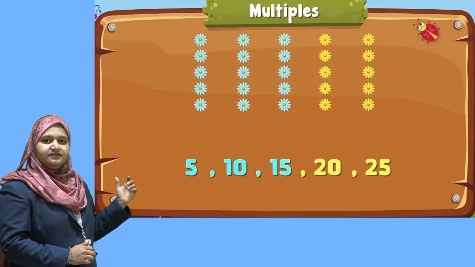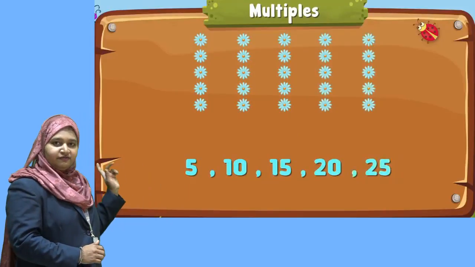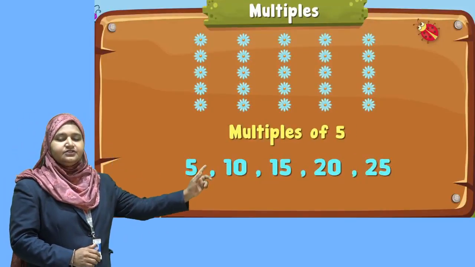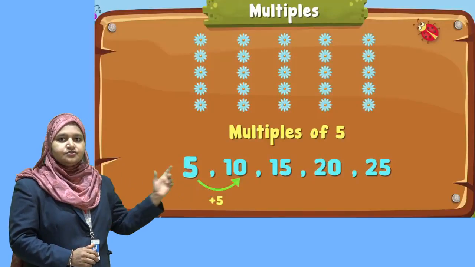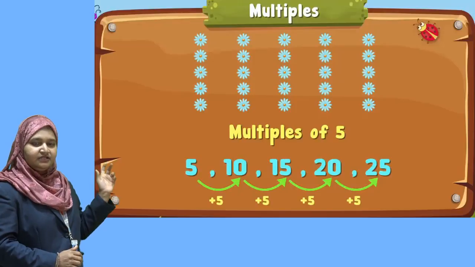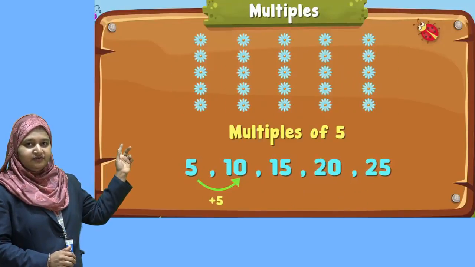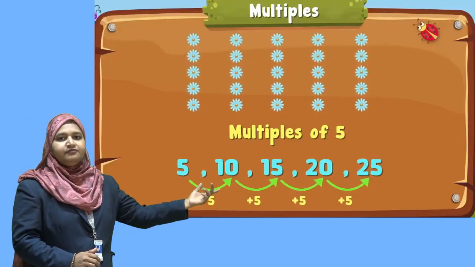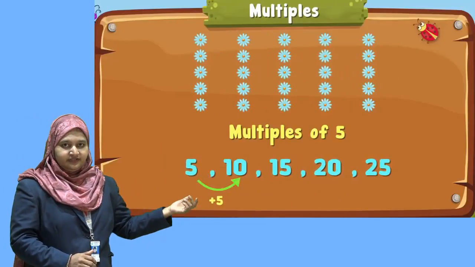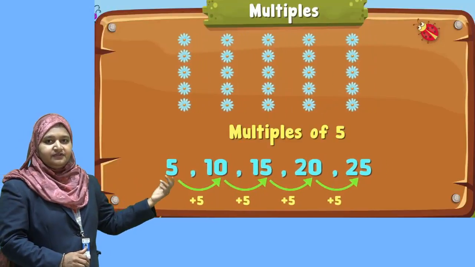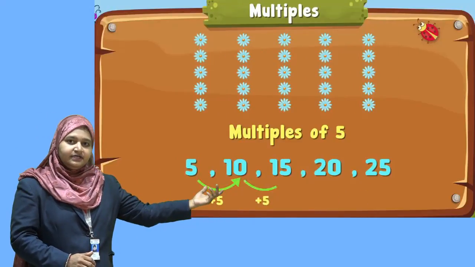Hence we can write this in the form of 5 plus 5 is 10, then plus 5 is 15, then 20 and 25. So in each you can see, 5 multiplied by 1 we got 5, 5 multiplied by 2 is 10 and so on, 5 multiplied by 5 is 25. So hence these 5, 10, 15, 20, 25 are the multiples.